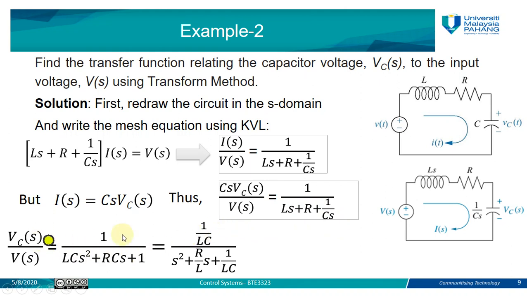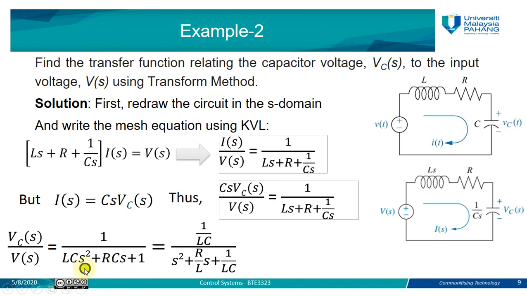Okay, then we are going to simplify, because our transfer function is Vcs over Vs. So this Cs will be transferred to the other side. The formula becomes Vcs over Vs equal to 1 over LC s squared plus RCs plus 1.